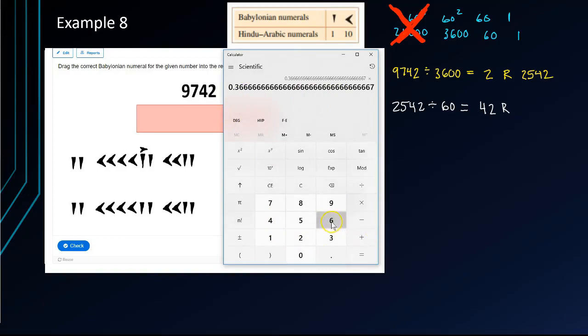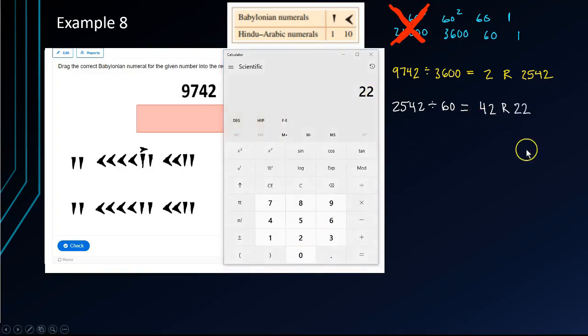And I'm going to multiply this by 60, because that's what I divided by to get that. And I get 22 as the remainder. And that 22 is going to be, since I'm in the ones position, if I divide 22 by 1, I'd get 22. So the 3 numbers I need to have represented in my 3 spaces are 2, 42, and 22.